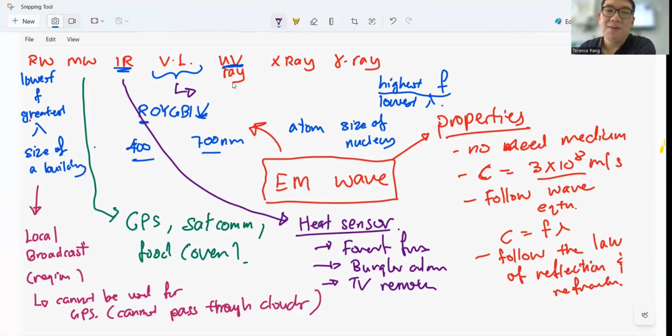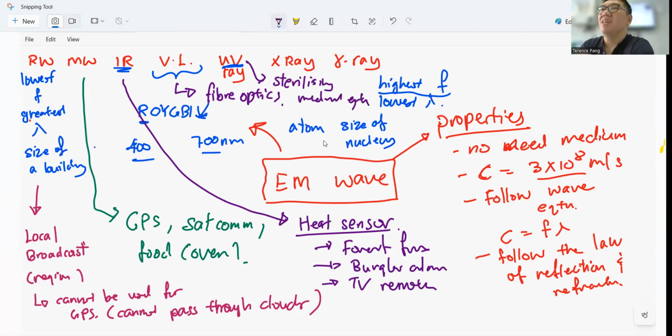Further on, visible light. What's it used for? Fiber optics. Speeding up. UV. What's it used for? Sterilizing of medical equipment.